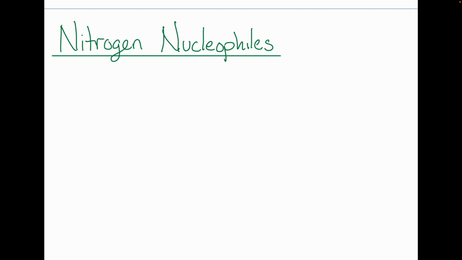Okay, so first of all, let's just do an example here. Here's a ketone. We'll take our simplest ketone, acetone. I'm going to put in a nitrogen nucleophile. We'll use ammonia here. And I want everybody to just predict what you think would happen based on what we've studied up until this point.